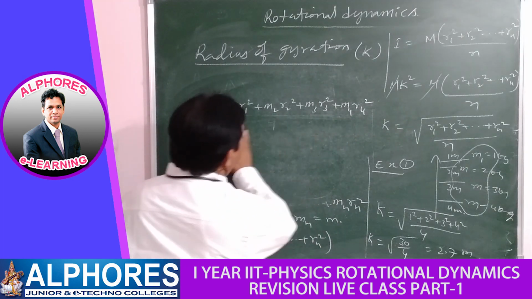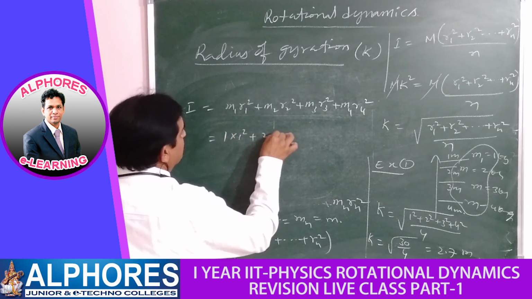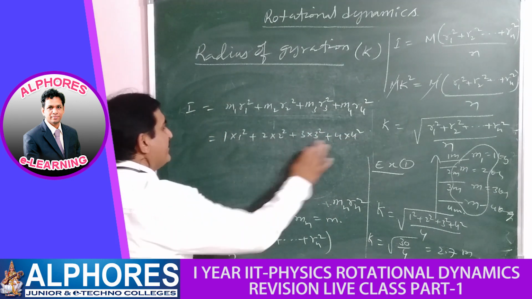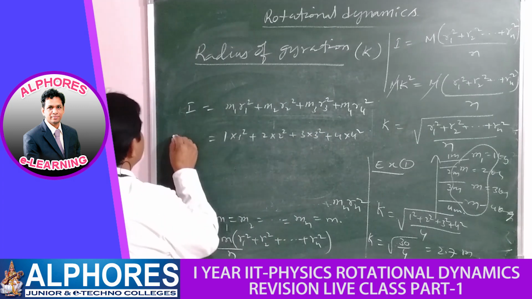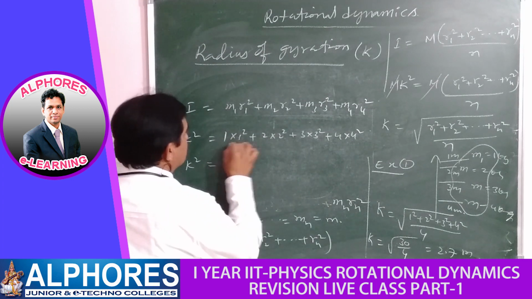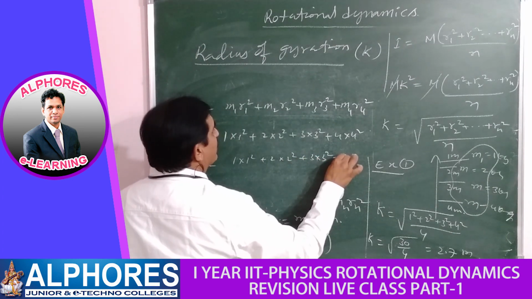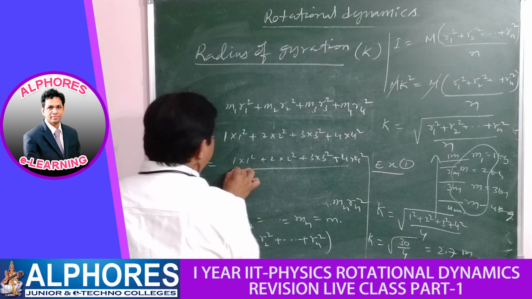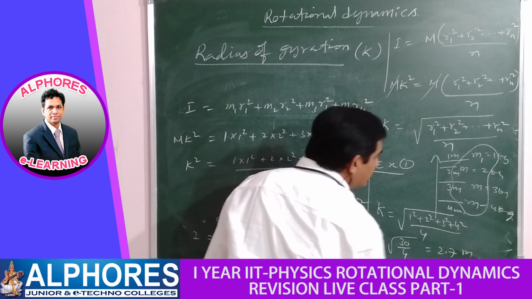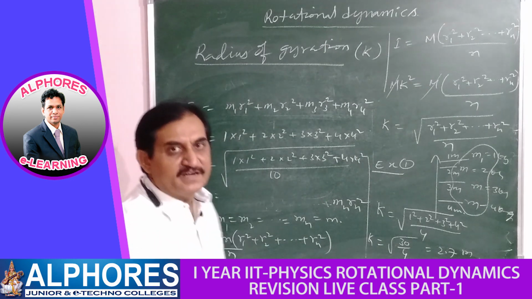Now this is 1 into 1 square plus 2 into 2 square plus 3 into 3 square plus 4 into 4 square. You simplify this, you will get some finite amount. Then mk square, so k square is equal to 1 into 1 square plus 2 into 2 square plus 3 into 3 square plus 4 into 4 square, divided by the total mass. Total mass how much? 4, 3, 7, 7, 3, 10. 10. By simplifying this, you will get the radius of gyration.